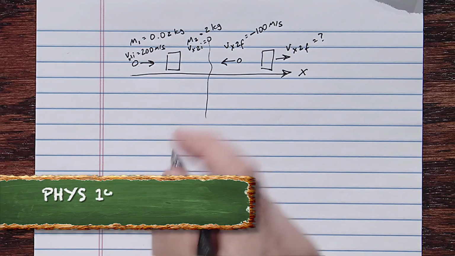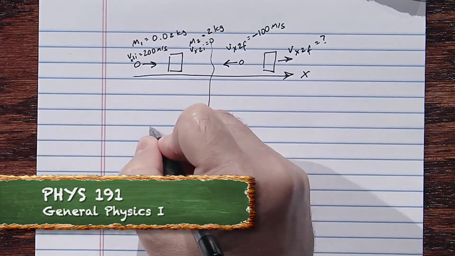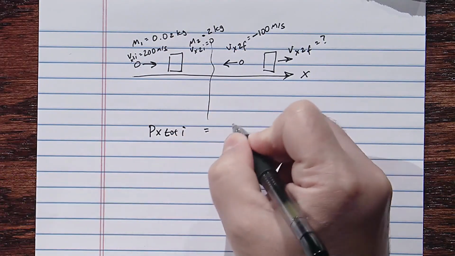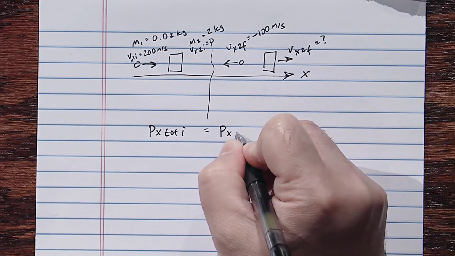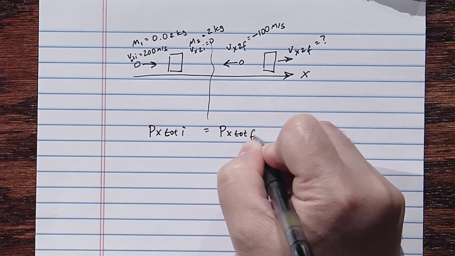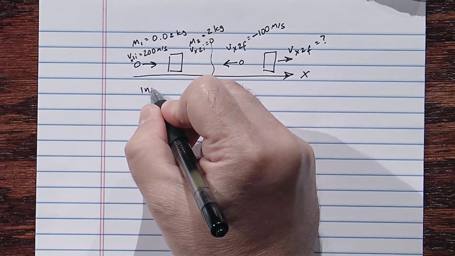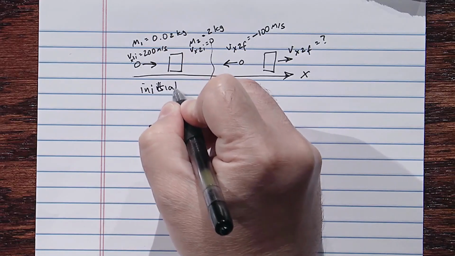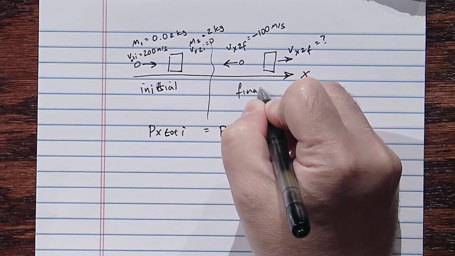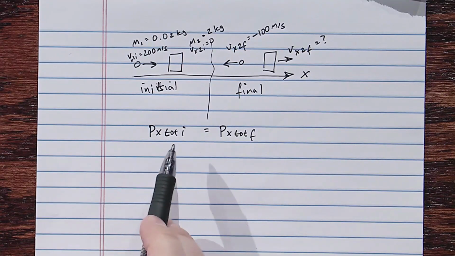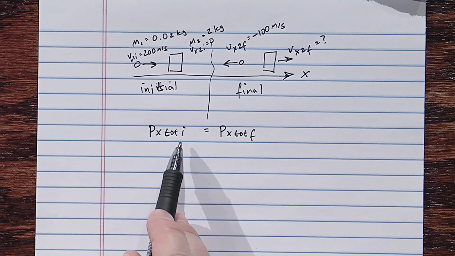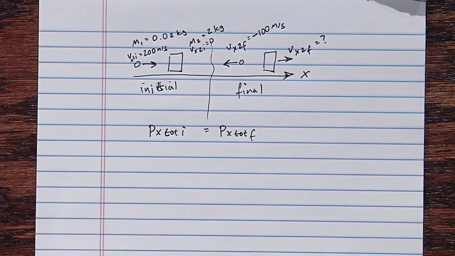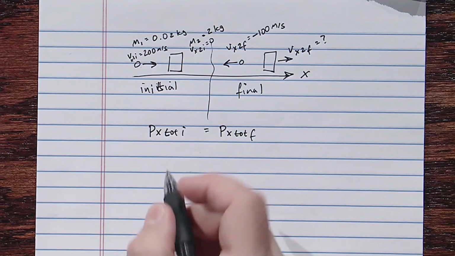We use our idea where momentum in the x direction total initial equals momentum in the x direction total final. This is the initial situation and the final situation. So the total momentum in the x direction initially is the same as the total momentum in the x direction finally. So now it's a matter of adding everything up.